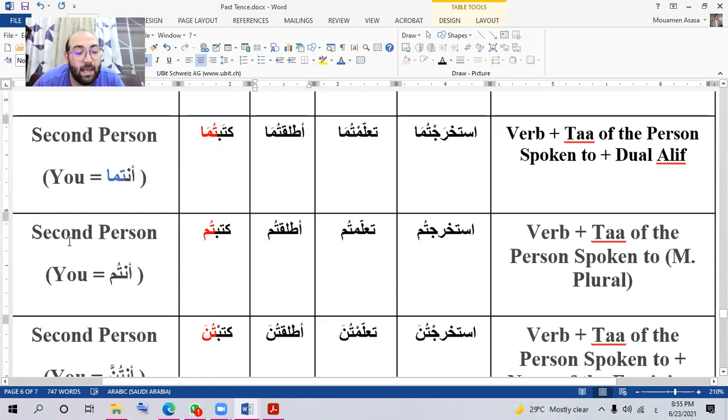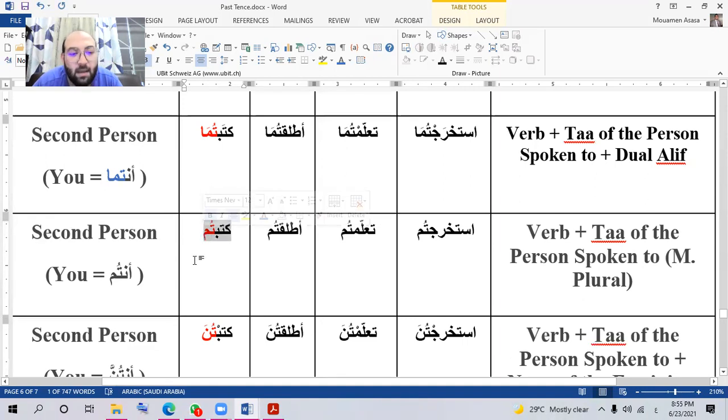Okay, now second person, group of people, mix of people or male. كتبتم. In present we add waw and noon. Here we add ta with meem. This meem is meem al-jama'a. It gives us the quantity. The ta gives us the second person you.